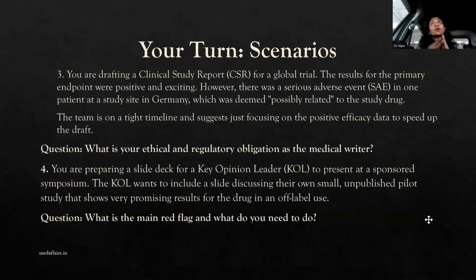So these two red flags would not allow you to go ahead and include this. And otherwise also, in a sponsored event, no KOL should promote his own study or book or any other intellectual property, right?